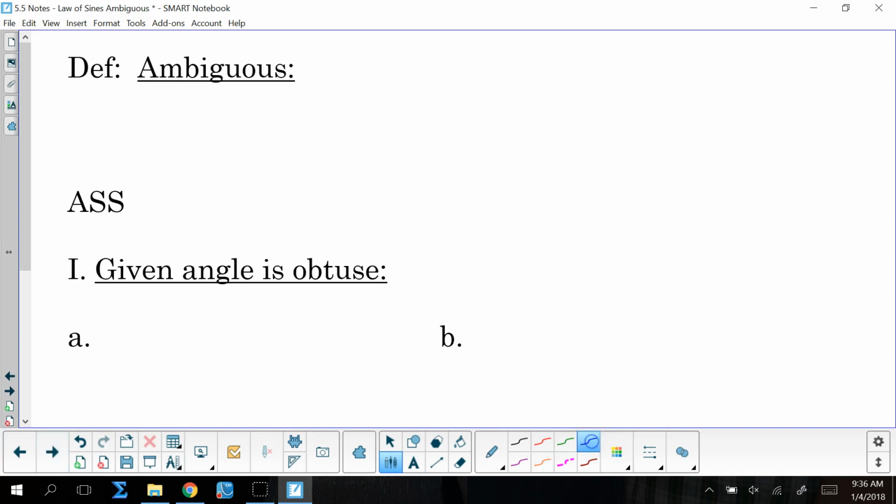Ambiguous is a fancy word for more than one possible interpretation.